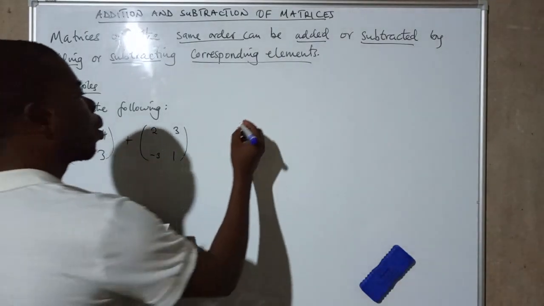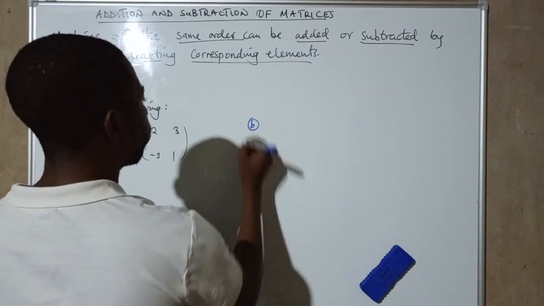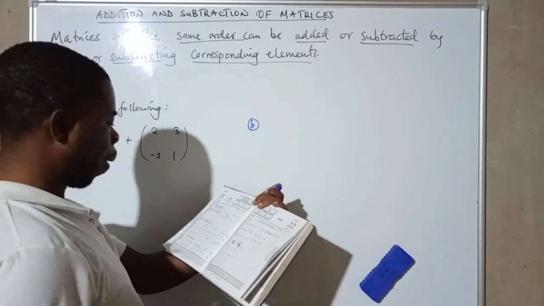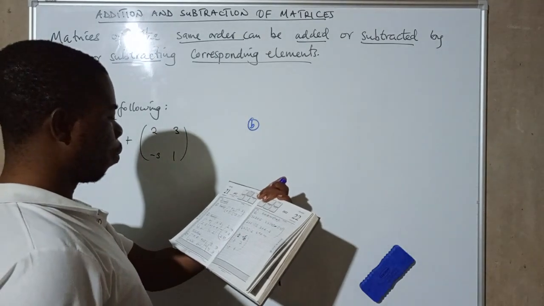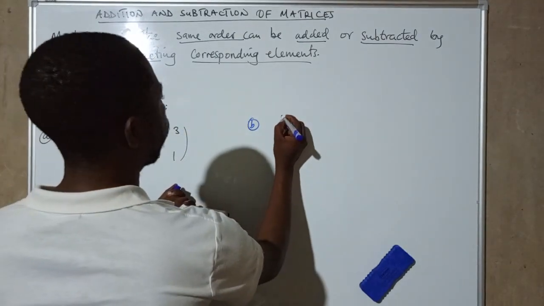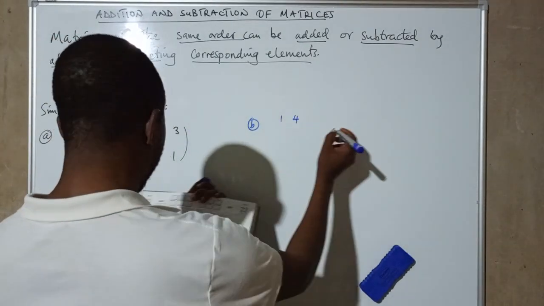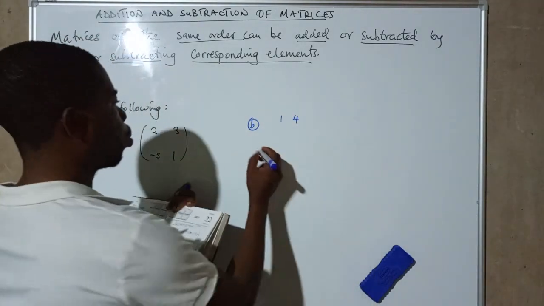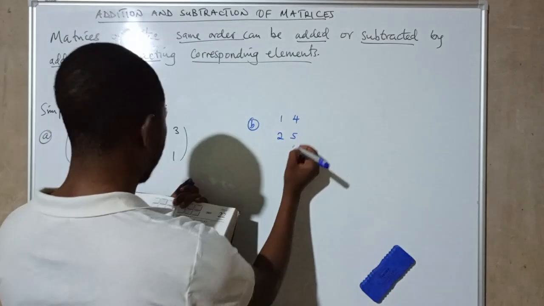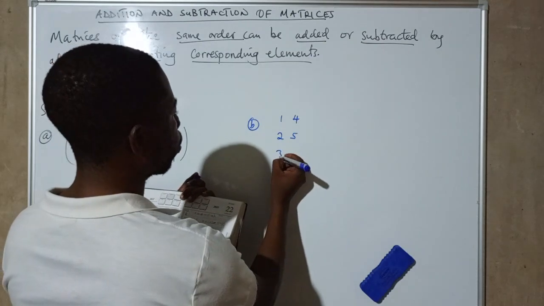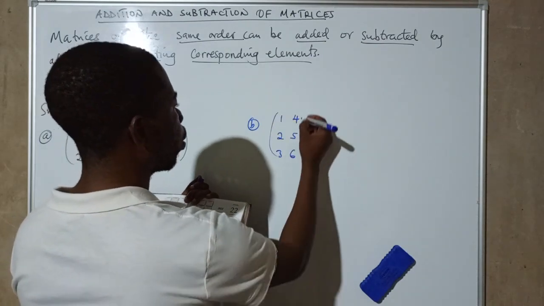Then B, I can have 1, 4, then I have again 2, 5, then I have 3, 6, okay, like that.